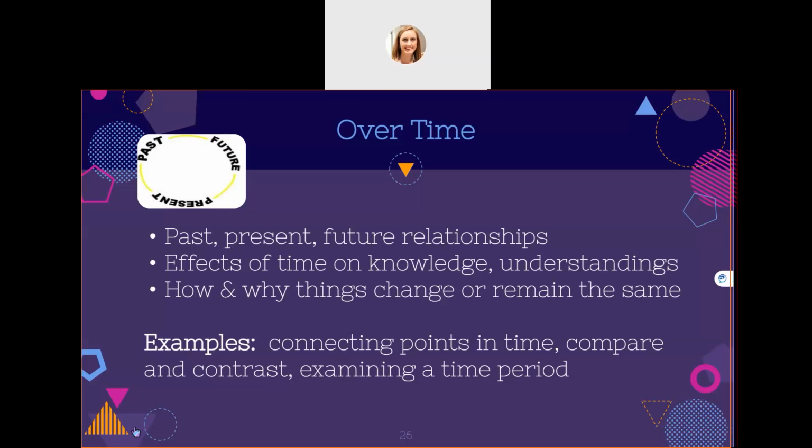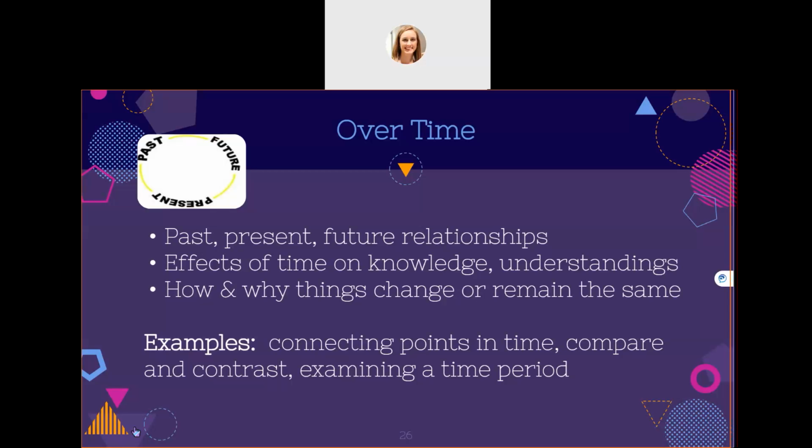So the first icon in complexity is over time. And we're looking at past, present, future relationships, effects of time on knowledge and understandings, and how and why things change or remain the same. So some examples are connecting points in time, comparing and contrasting, or just examining a time period.